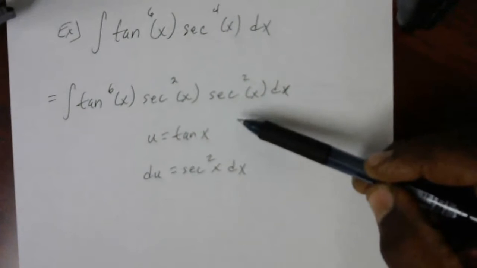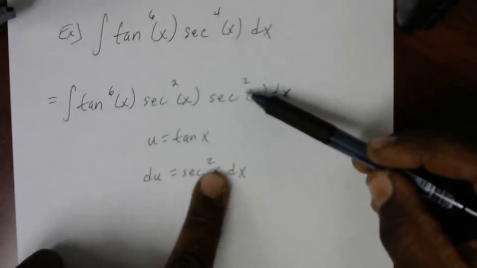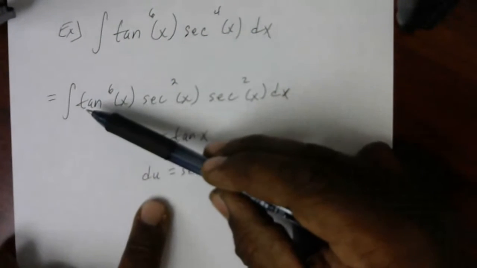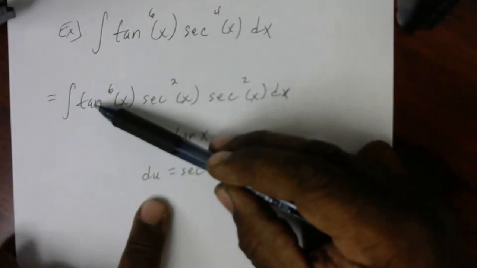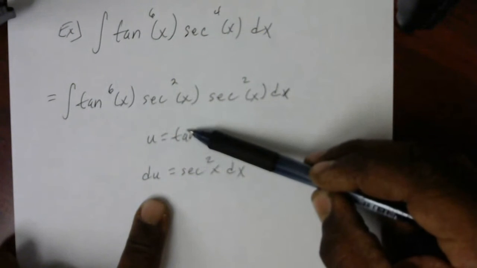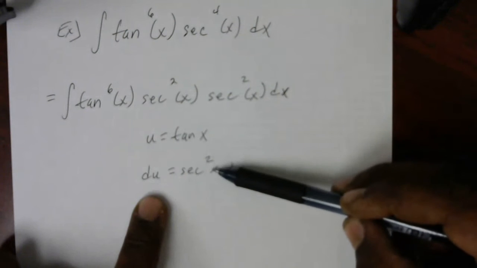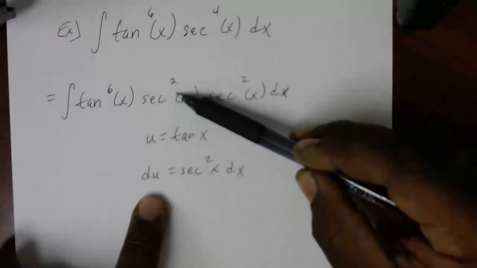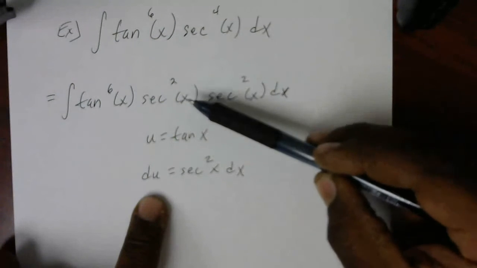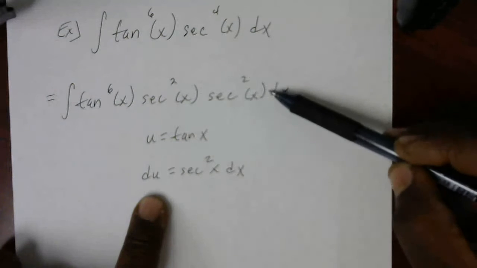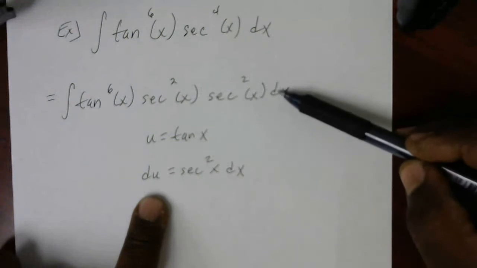So that would basically take care of one of my secant squares. So notice I could rewrite tangent x as u. I can rewrite secant squared x dx as du. But I'm left with another secant squared x.